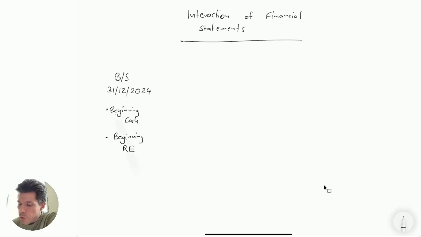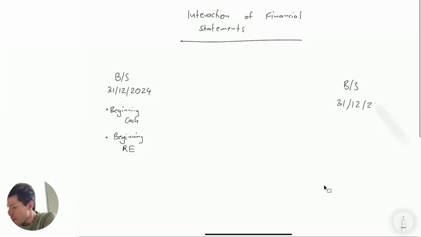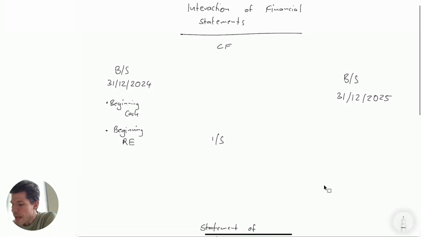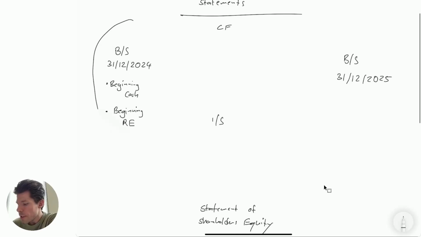In this balance sheet, you would use the cash position and the retained earnings, but if you look at the balance sheet 2025, and then in particular the cash flow statement, income statement, and statement of shareholders' equity, then you would use the ending cash from this balance sheet as your starting cash for this period.